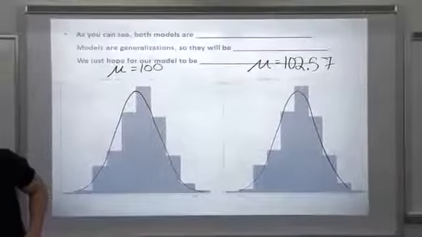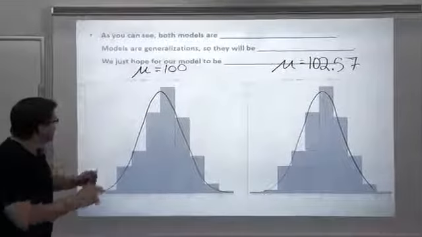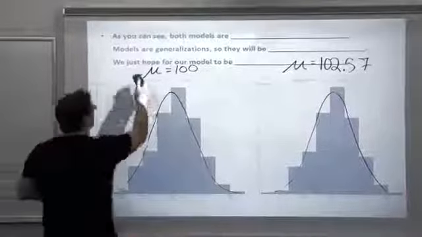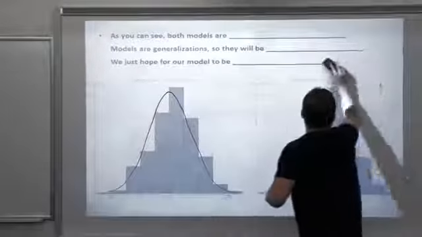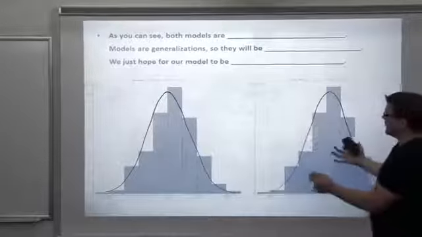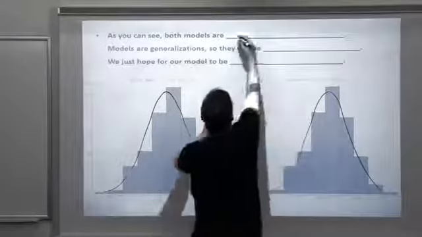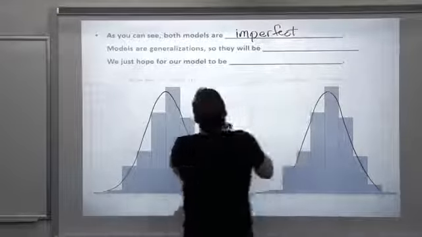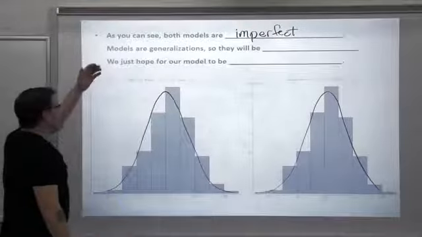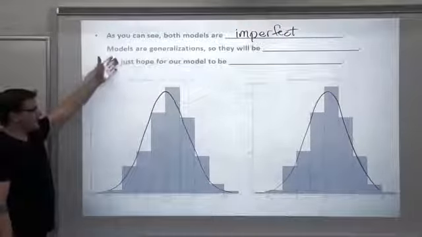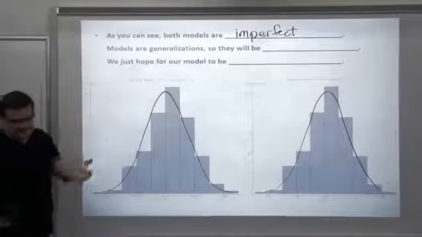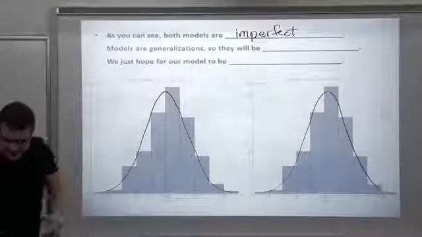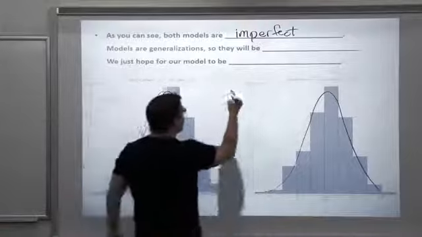All right. As you can see, neither model is perfect, right? Both models are imperfect. Models are just generalizations, so they will be wrong. Yeah, the models will be wrong.